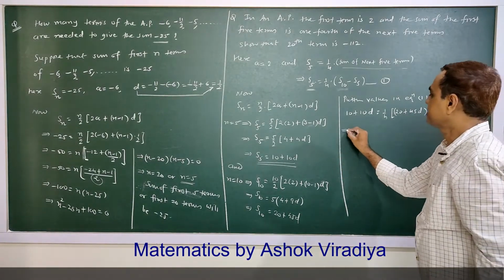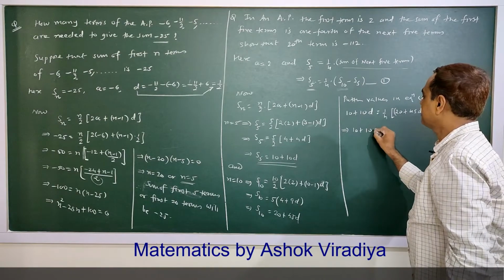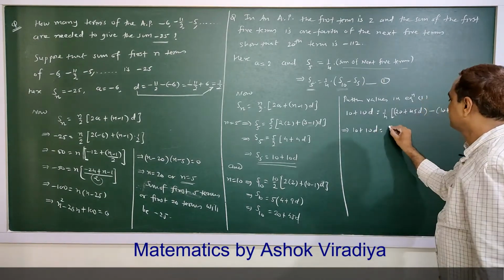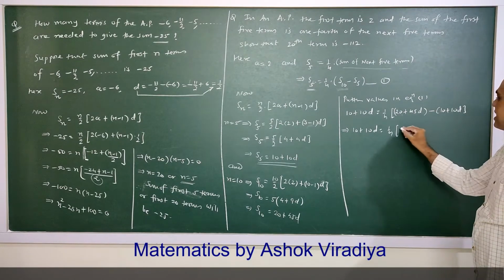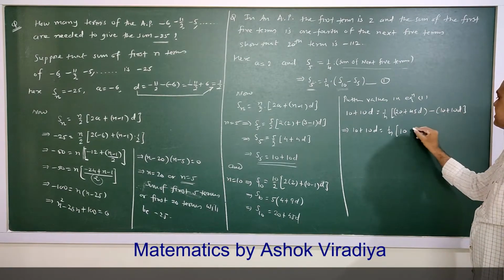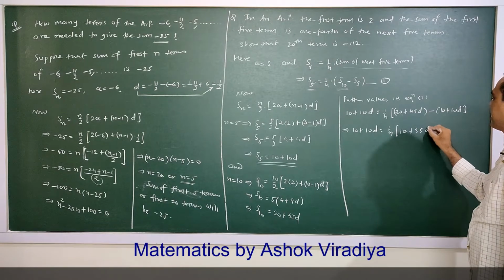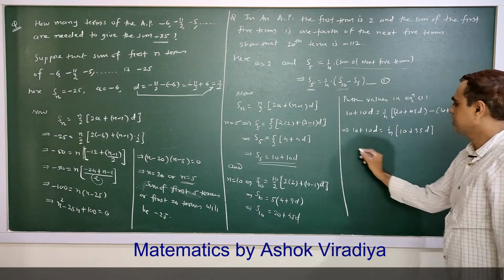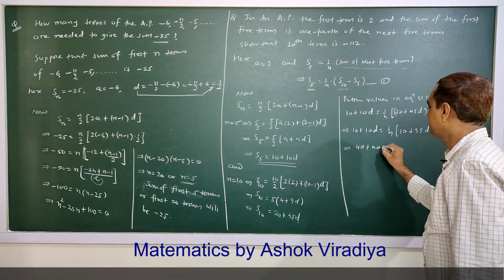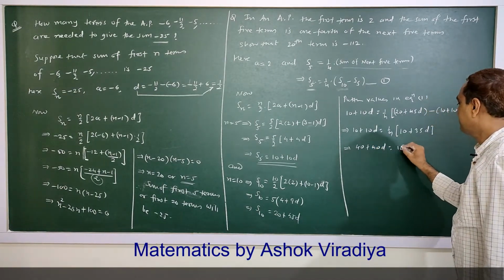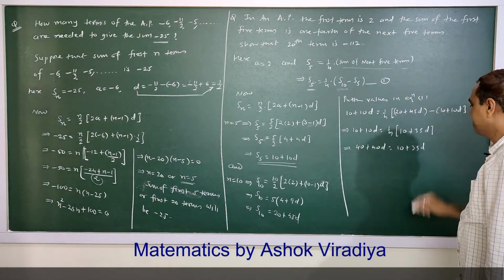That means 10 plus 10d is 1 by 4 times 20 minus 10, which is 10, and 45 minus 10, which is 35d. Multiplying by 4, we get 40 plus 40d equals 10 plus 35d.